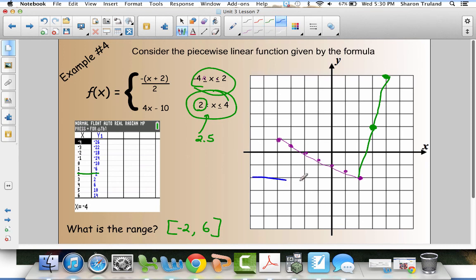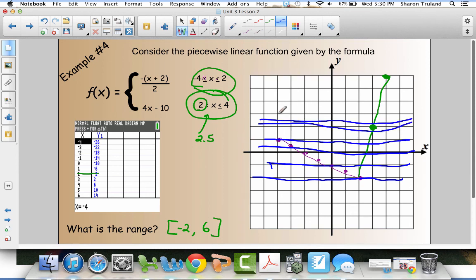See, every y value between negative 2 and 6, this graph crosses.